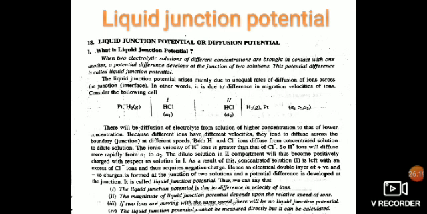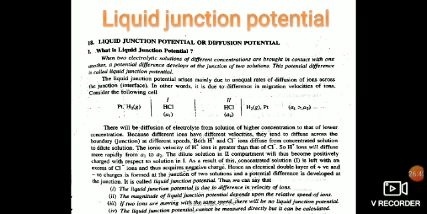In other words, it is due to the difference in migration velocities of ions. Now consider the following cell: platinum, hydrogen gas, HCl at activity A1 in communication with HCl of activity A2, hydrogen gas, platinum. Here in this case we can consider A1 activity is greater than A2 activity.